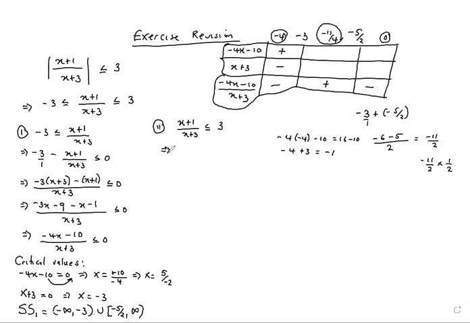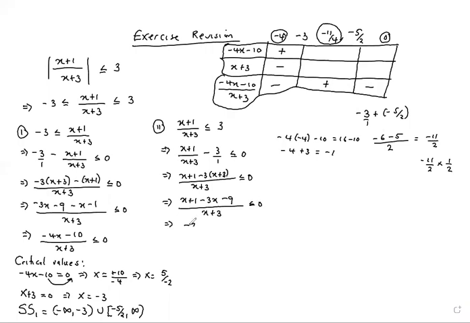So here you get (x plus 1) over (x plus 3) minus 3 over 1 less or equal to 0. So you have (x plus 3), and then you have x plus 1 minus 3(x plus 3) less or equal to 0. Then we have x plus 1 minus 3x minus 9 over x plus 3 less or equal to 0.